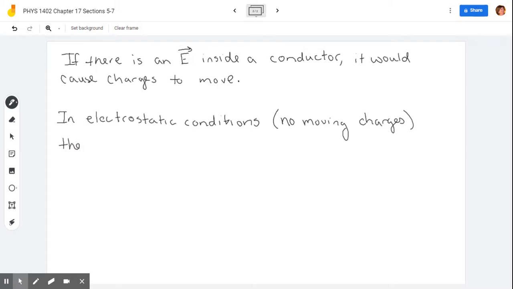The electric field inside a conductor must be zero.